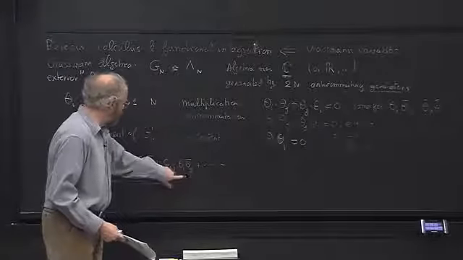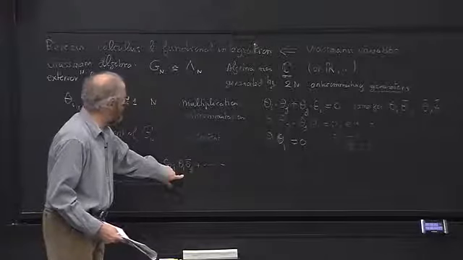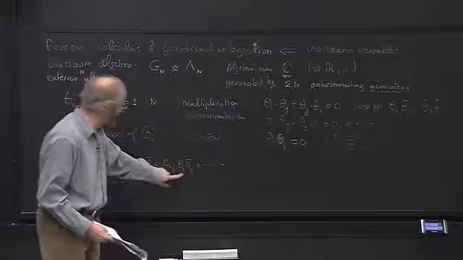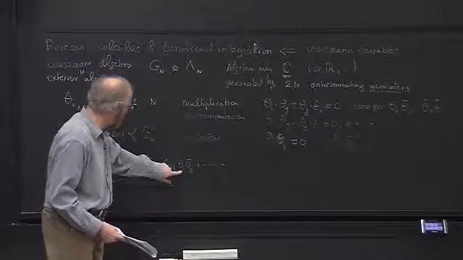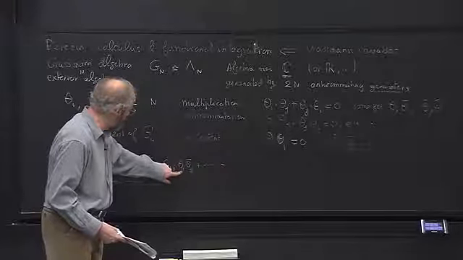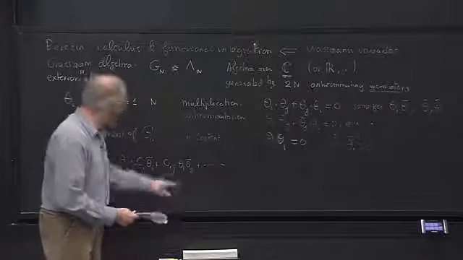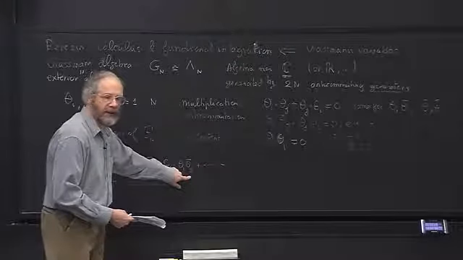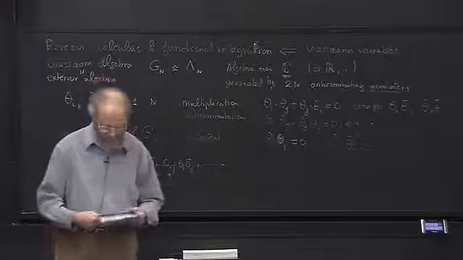You use the fact that they anticommute to write only the possible terms. So of course, if you have theta I and theta bar G, you always write all the thetas to the left of the theta bars. That's a convention.